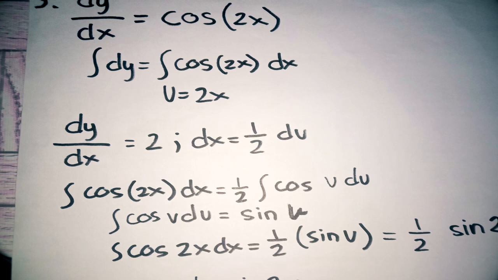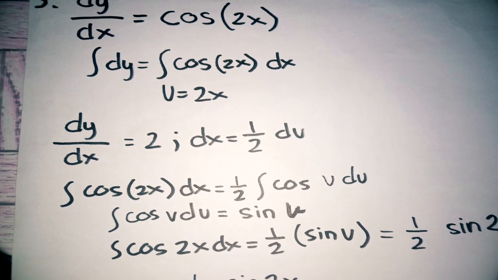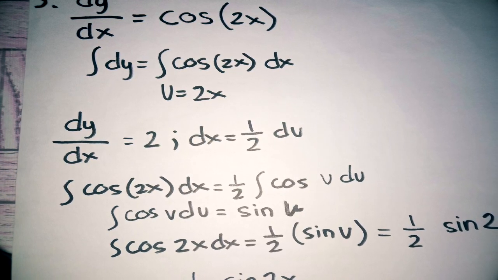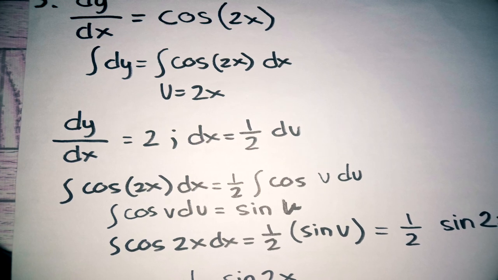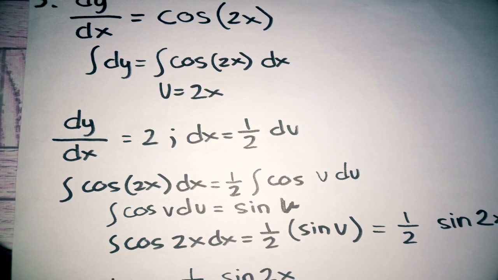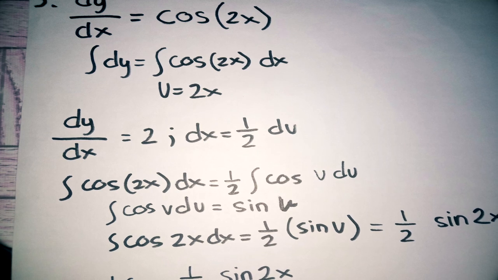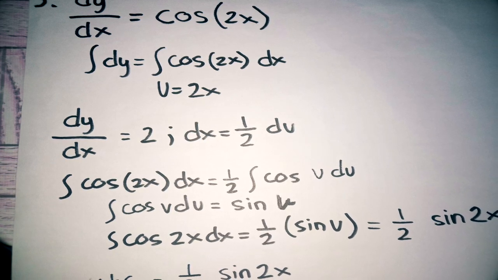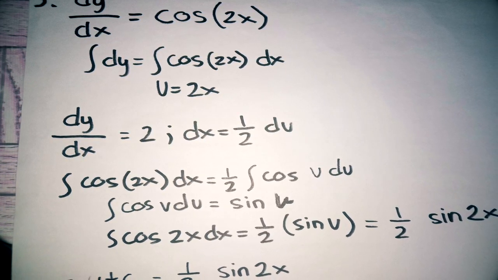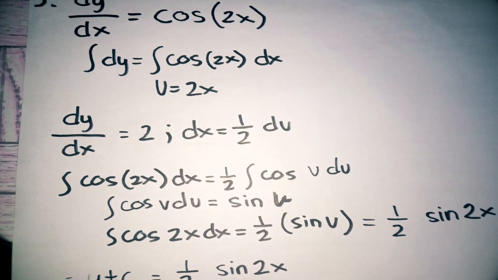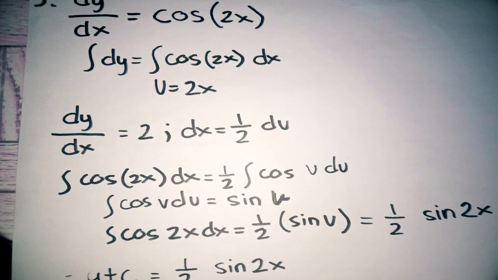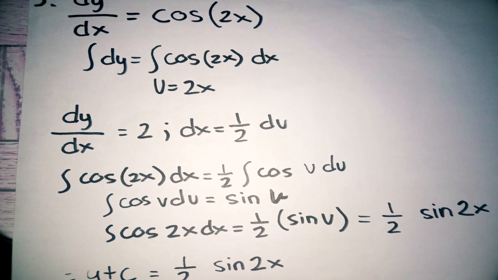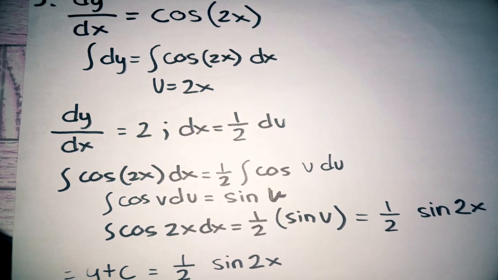So the integral of cosine 2x dx is 1 over 2 sine 2x, which is equal to y plus c, so y equals 1 over 2 sine 2x.